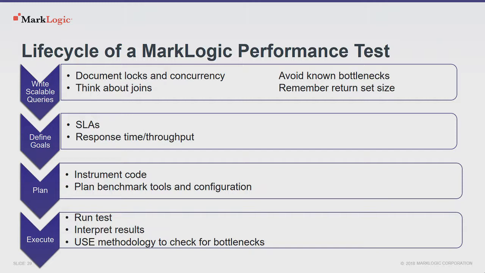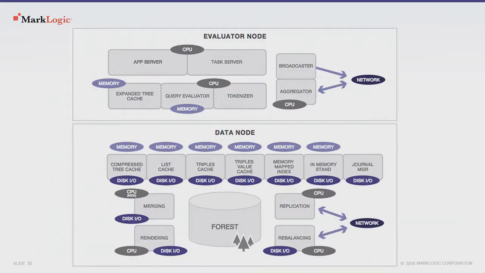So this is a diagram from a white paper called Understanding System Resources. There's a lot going on here, and I'm not going to do a deep dive into this particular diagram. But what I was trying to do, in publishing this, was to show you there's a lot of different components. This whole box is just that MarkLogic executable.